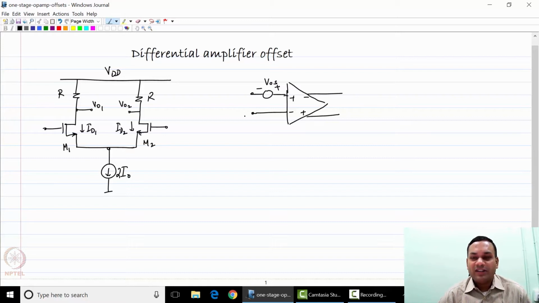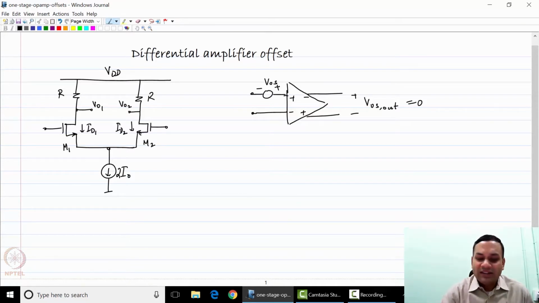Now remember, just a reminder, VOS, the input referred offset, is defined as the voltage that needs to be applied to your amplifier such that the output offset is 0. So now let us do that.